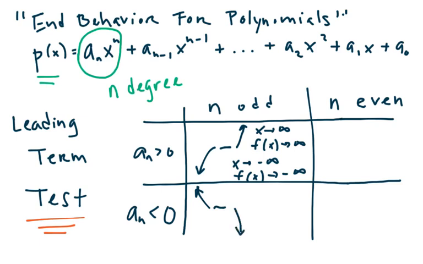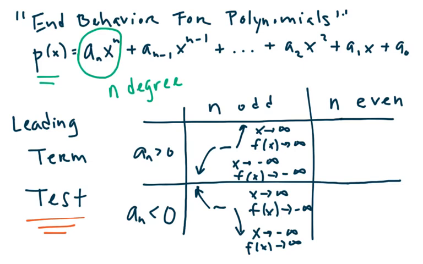Okay, so remember the leading term test tells you about end behavior. And now we would say as x goes to infinity, f of x goes to negative infinity. And as x goes to negative infinity, f of x goes to positive infinity. Okay.